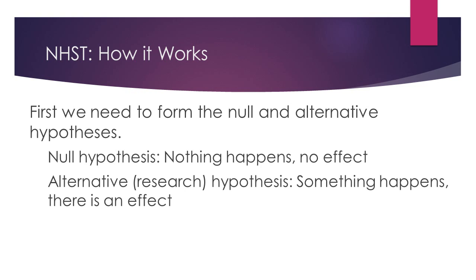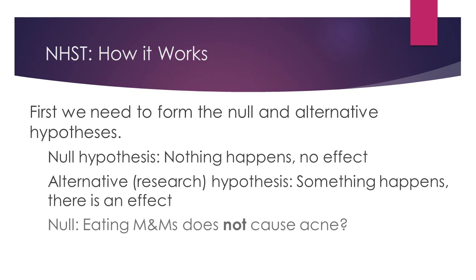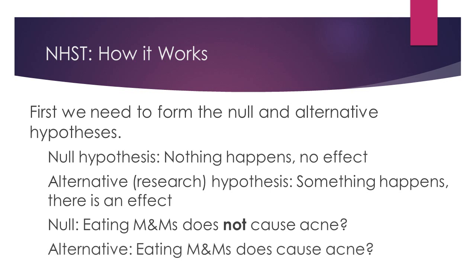There is indeed an effect to whatever our treatment is. So for our example with the M&Ms, the null hypothesis would be that eating M&Ms does not cause acne. And then the alternative hypothesis would be eating M&Ms does cause acne. Notice that the null and alternative are opposites of each other because we're answering this yes or no question.